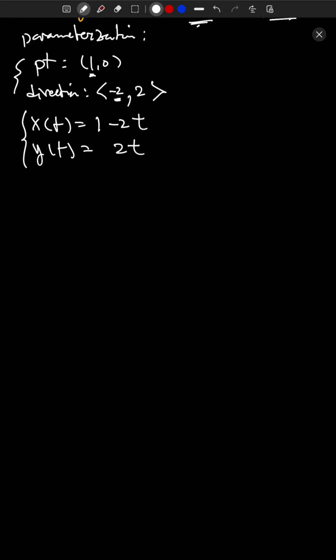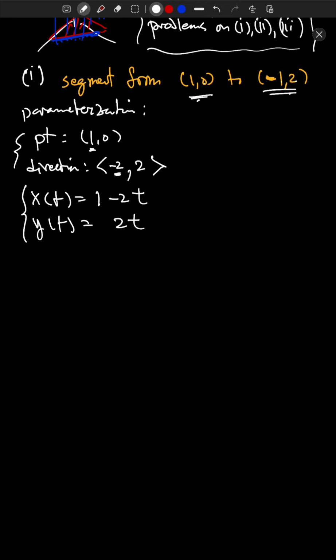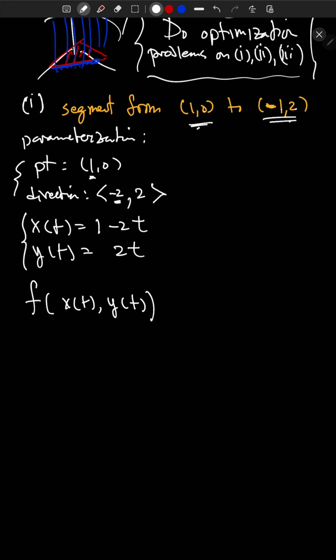If we compose our function with this parameterization, in other words, we look at f of x of t comma y of t, which is f of 1 minus 2t comma 2t, that's a one variable calculus function, with the only variable being t. So that's why we have a one variable calculus problem.